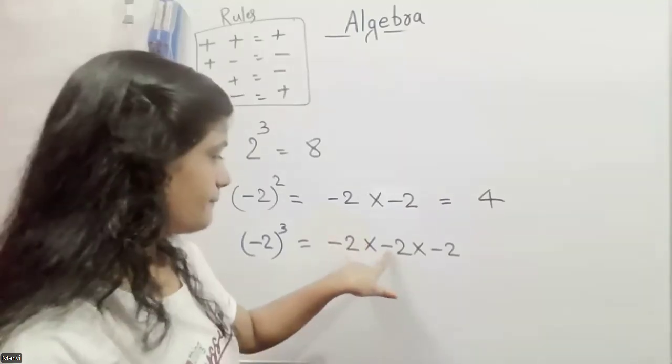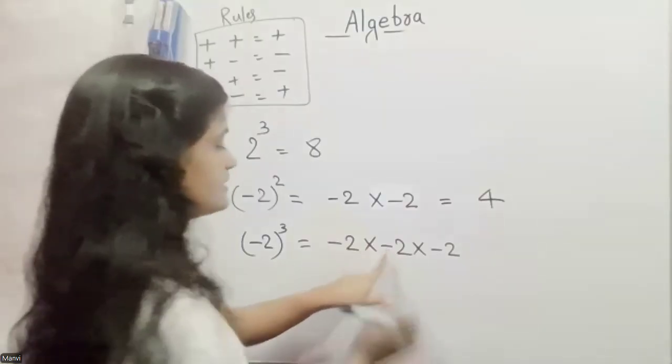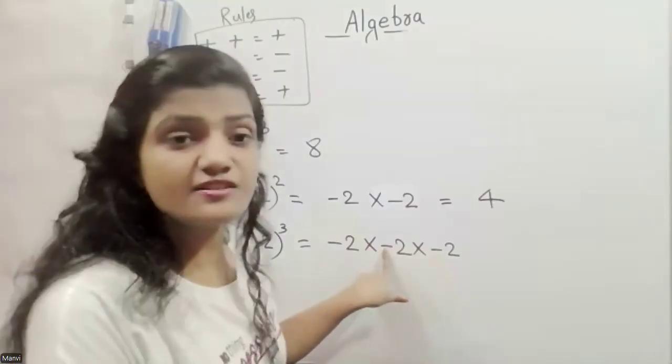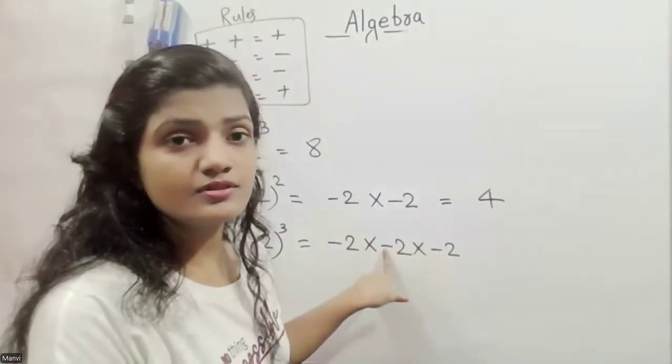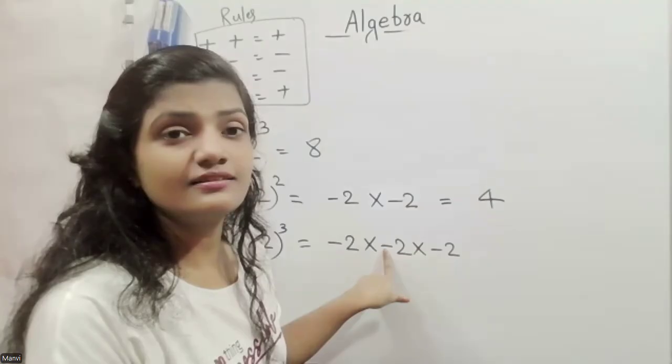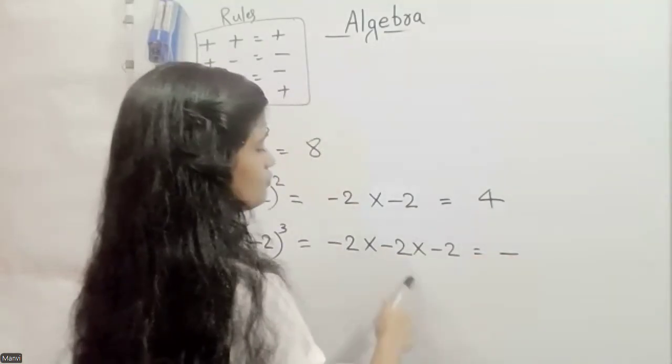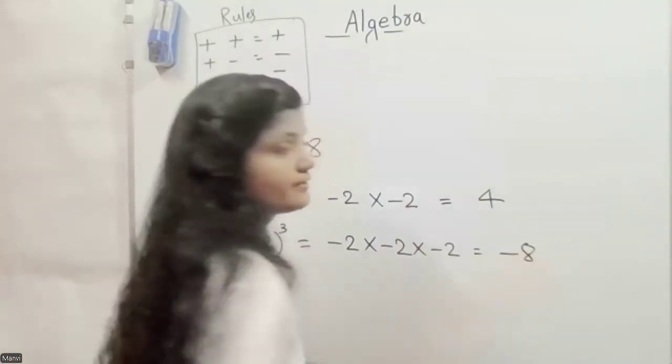But here, this answer is in plus and then plus with minus means different sign, so the answer must be in minus. Then 2 times 2 is 4 and 4 times 2 is 8. The answer will be minus 8.